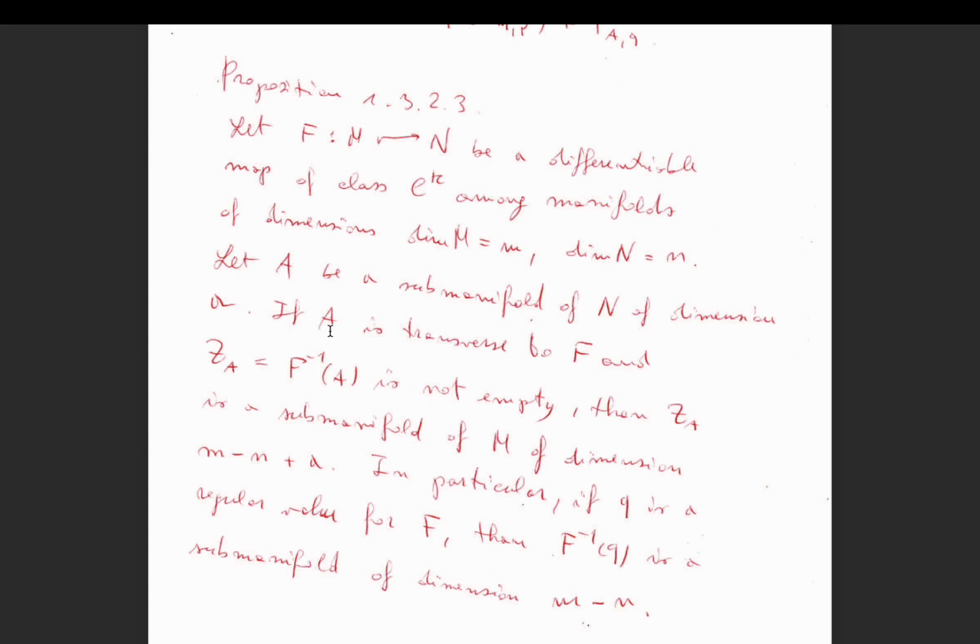In case A is transverse with respect to f, we set zeta A equal f to the minus 1 of A, and in case zeta A is also not empty, then zeta A is a submanifold of M of dimension small m minus small n plus small a.